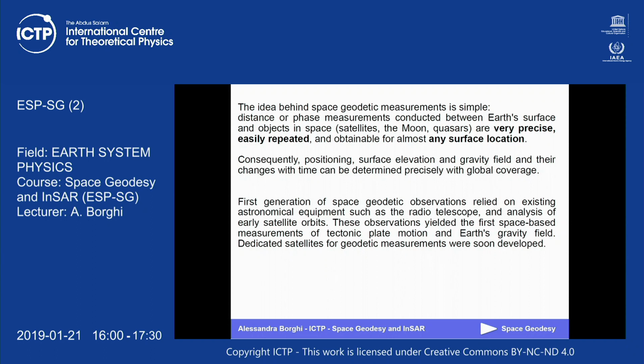and we can perform measurements in a homogeneous way. At the beginning we used existing astronomical equipment or radio telescopes, used for instance for astrophysics studies. In the last years, we started to put up dedicated satellites for the study of the gravity field, but also satellites for GPS measurement, or satellites to perform InSAR measurements.